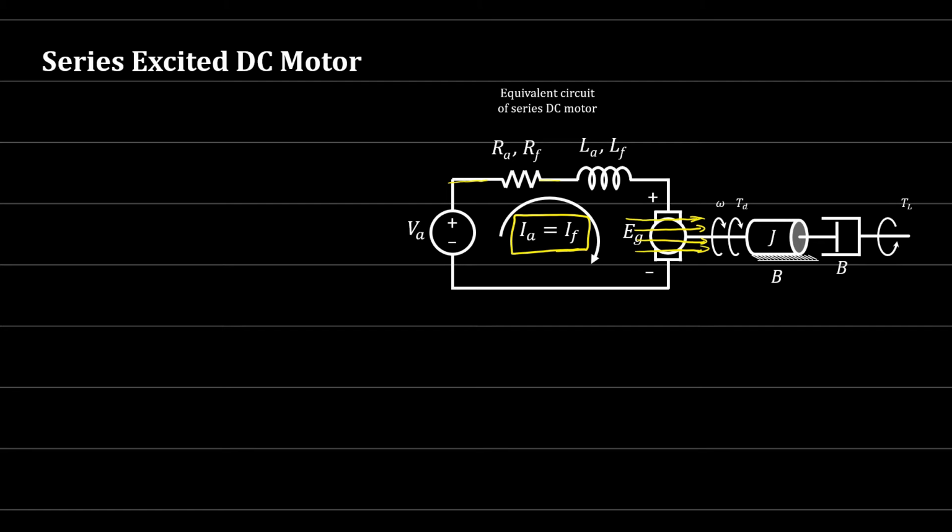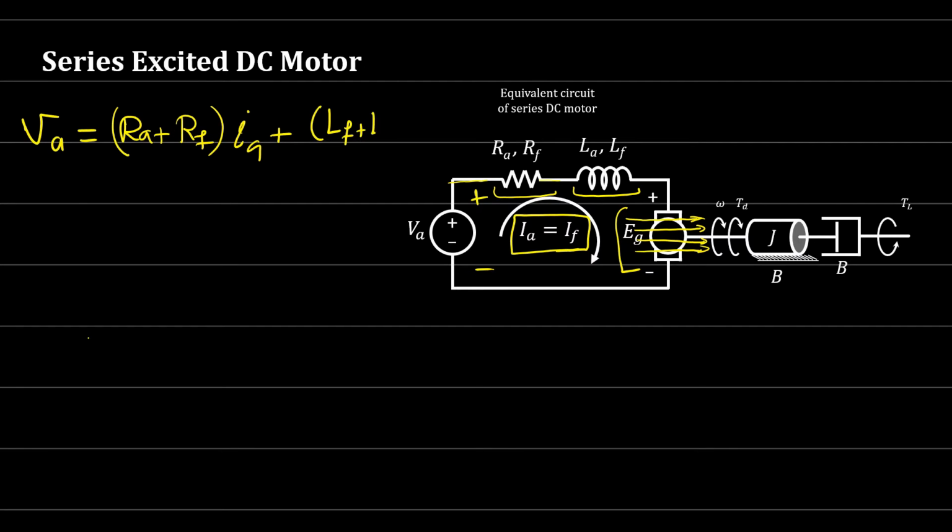Now, if you look at VA, it is equal to how much? The voltage here is equal to the voltage applied on this resistor, plus the voltage applied here, and the voltage applied here, right? So this will be RA plus RF times the current, which is IA or IF, plus LF plus LA times dIA by dt, plus EG.